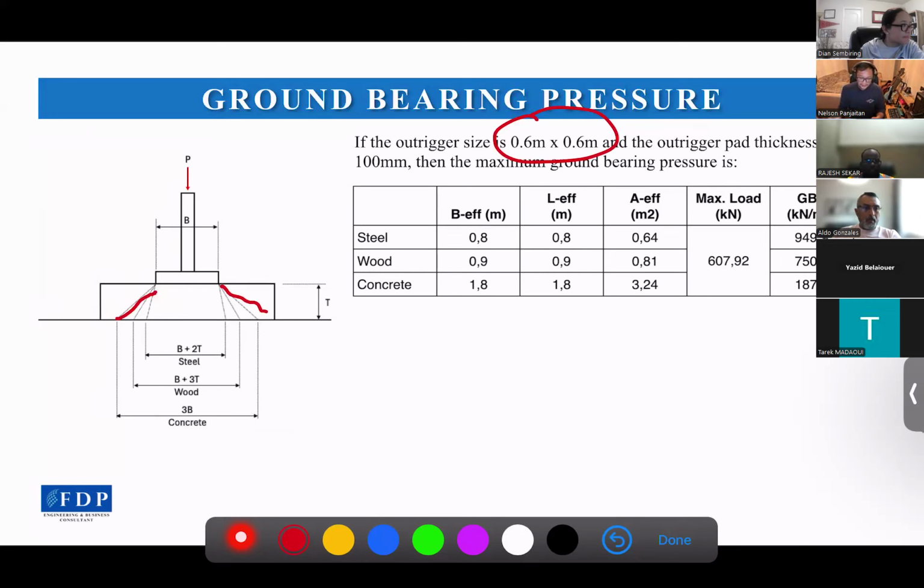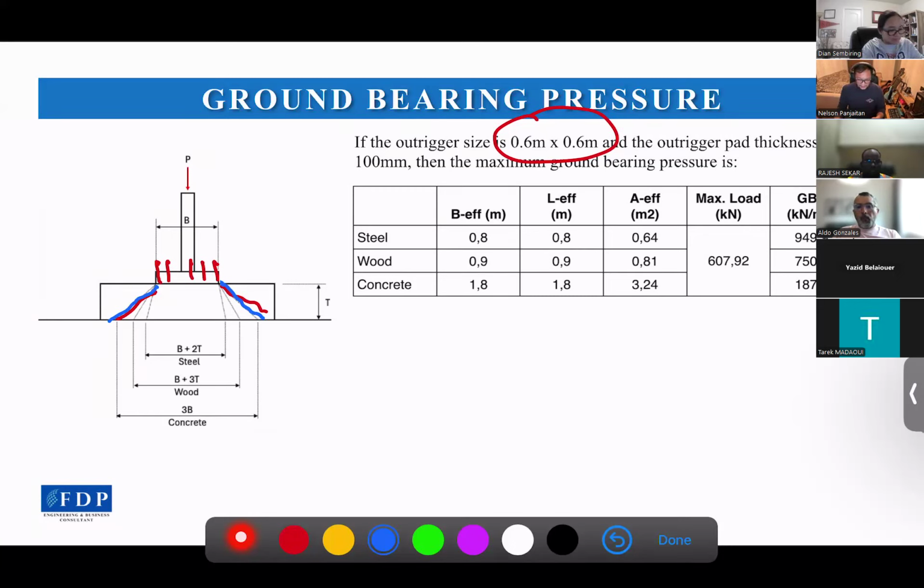So the mechanism of load distribution is like this. The outrigger force will be distributed to the bearing pad here, and then the bearing pad will spread the pressure to the ground at a certain angle, like this. It depends on the material.